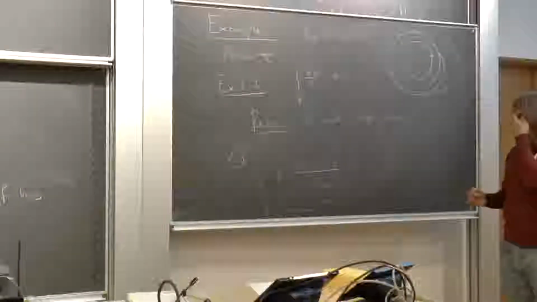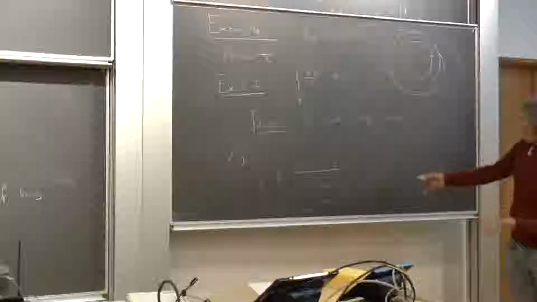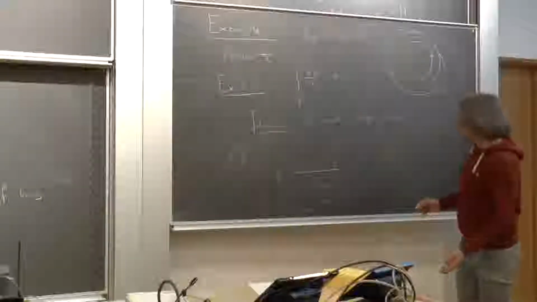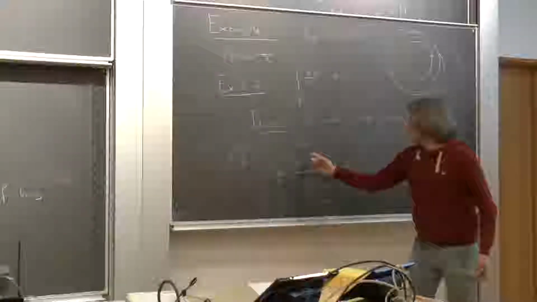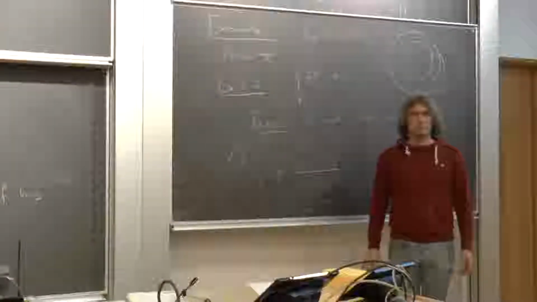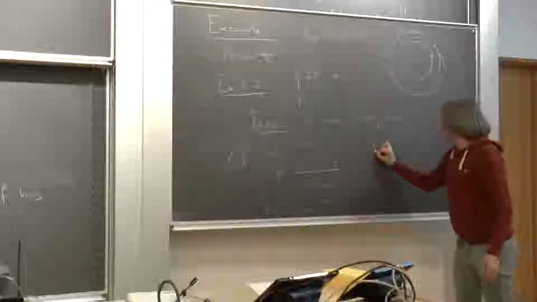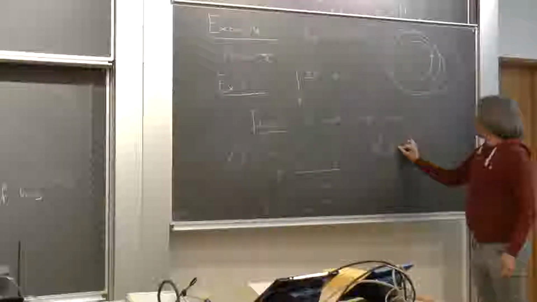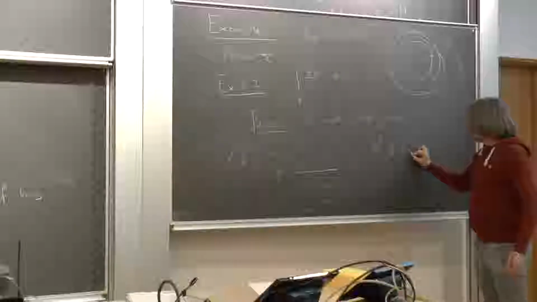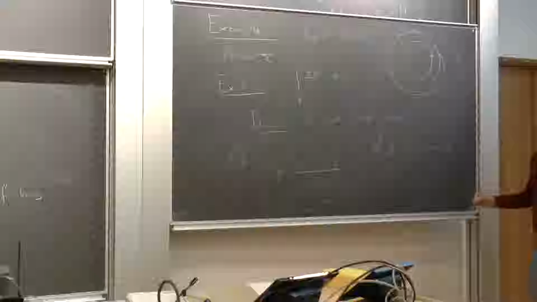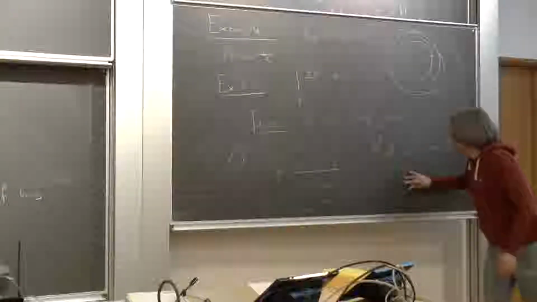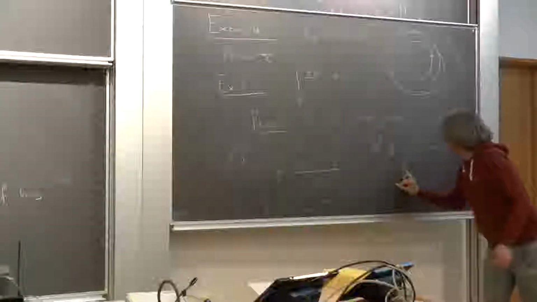Since it's simply connected, no matter which loop you take here, the integral will be 0. So for any gamma from [0, 1] to G tilde, which is smaller than G, the integral of dz over z over gamma is 0.